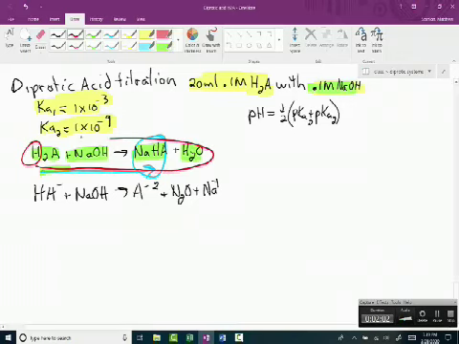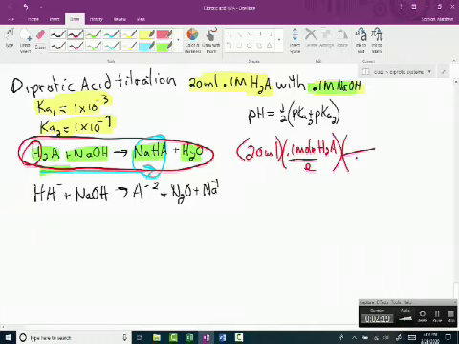I want to get this to go to completion. So that'll be real easy. You should be able to figure that out. It's 20 milliliters times 0.1 moles H2A per liter times 1 NaOH per 1 H2A, because I'm not doing both, I'm only doing one proton, and divide by the molarity, which is 0.1 moles per liter, and I get 20.